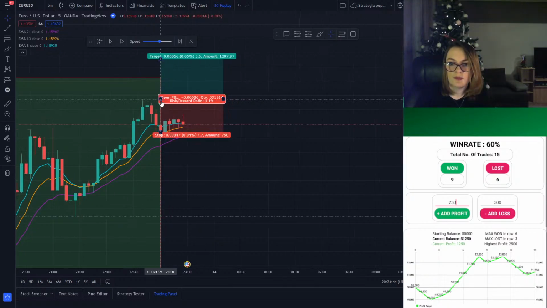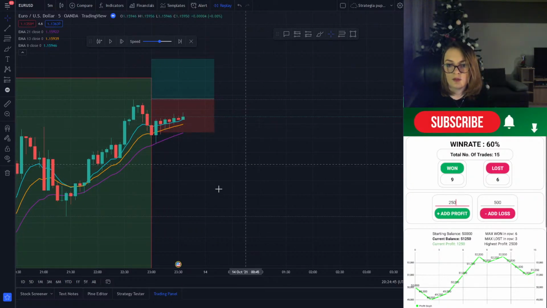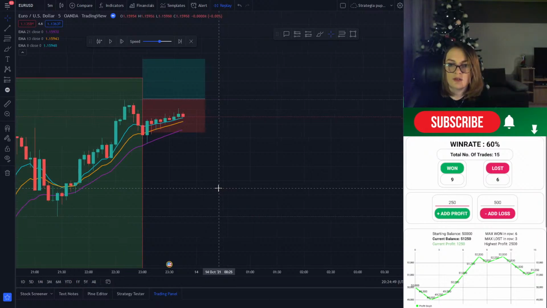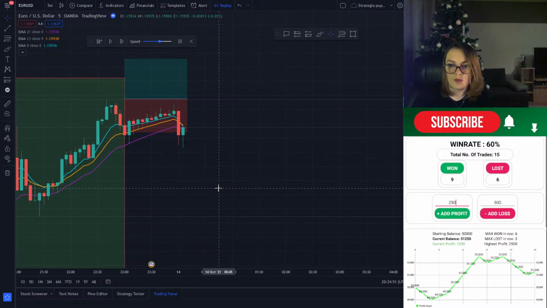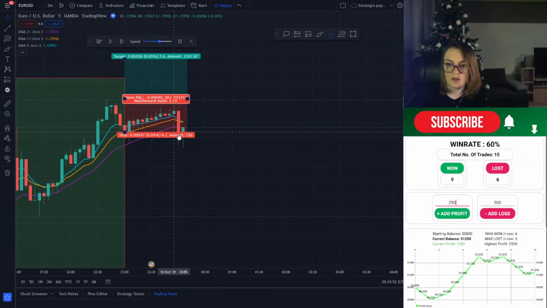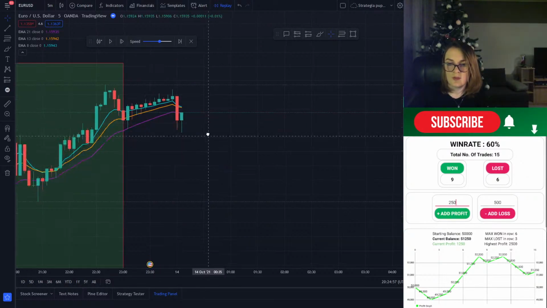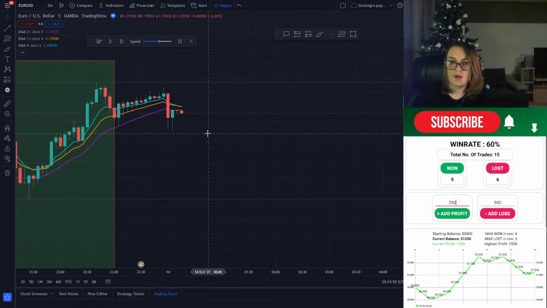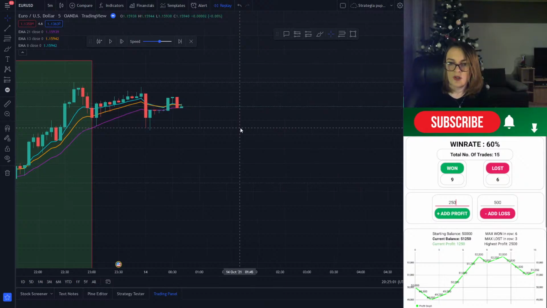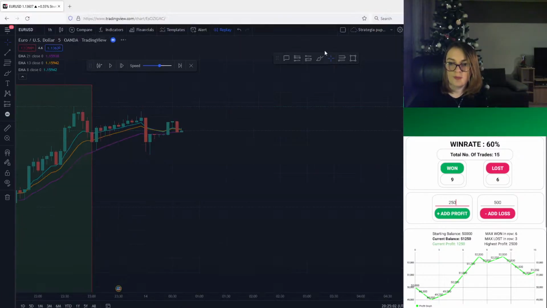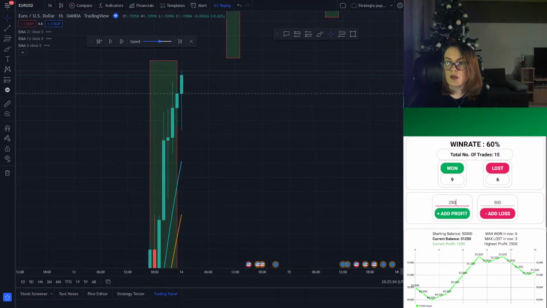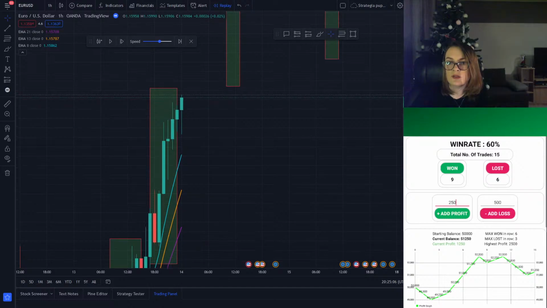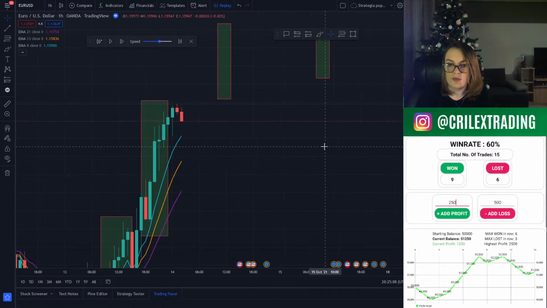And may never get triggered here because the volume is really small, and this candle now closed below the 21 EMA, so this position is not valid anymore. I'm going to switch again to the 1 hour time frame, and let's go to the next zone, trades.